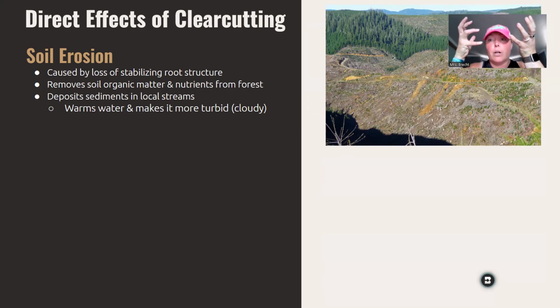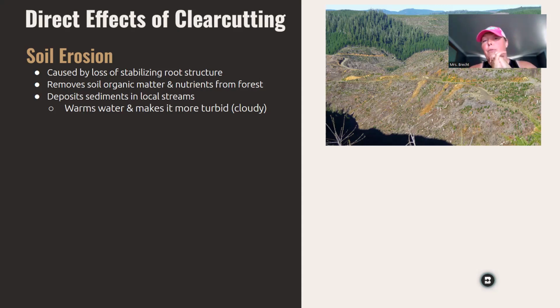Plants are going to anchor soil in place, and so when you take large areas of forest away, you are decreasing the amount of roots that are available to hold that soil in place. It also removes soil and organic matter from decomposing, so that's going to negatively impact the health of the soil. And then as it rains, those sediments are more likely to run off and land in the water.